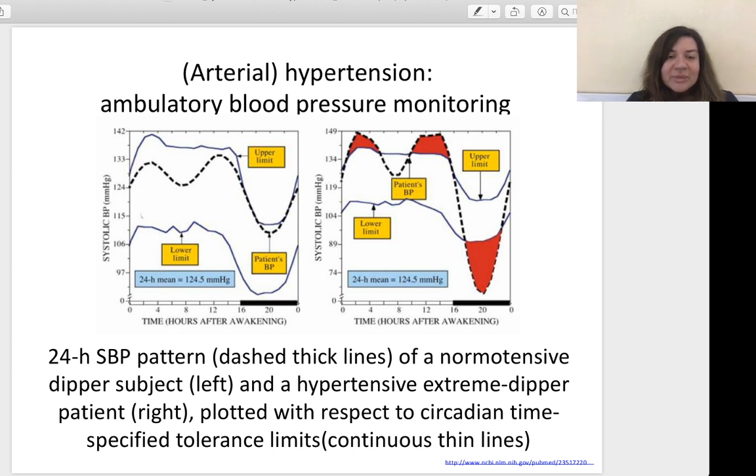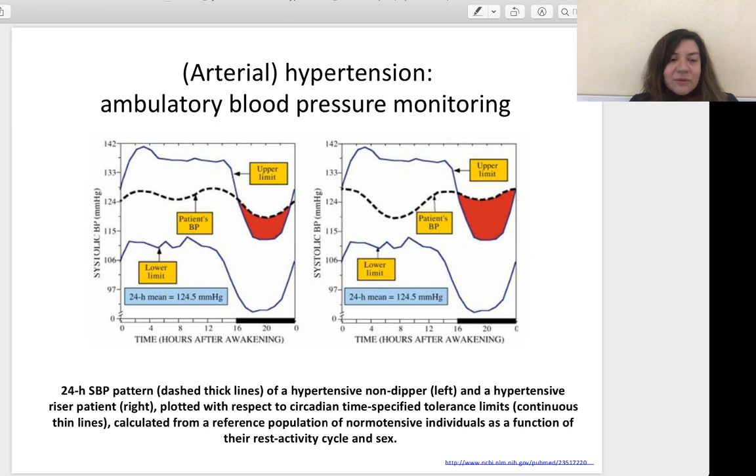You see the level of systolic blood pressure for the patient in the first picture who is normotensive dipper, it is normal, and the hypertensive extreme dipper patient, a hypertensive patient with abnormal nervous regulation, and we see extreme decreasing of blood pressure in nighttime.